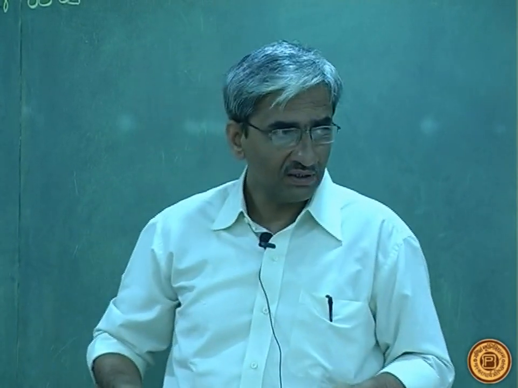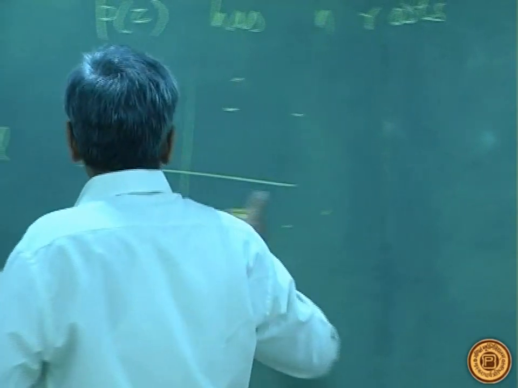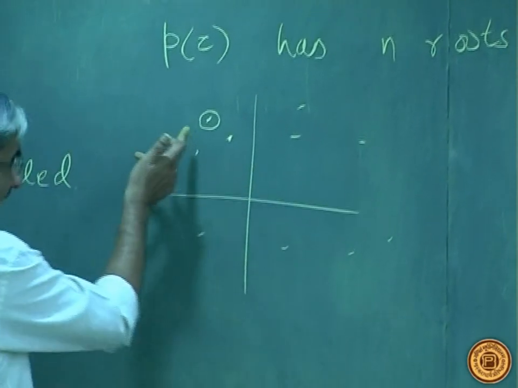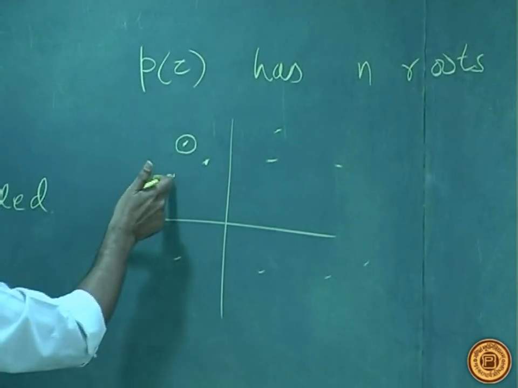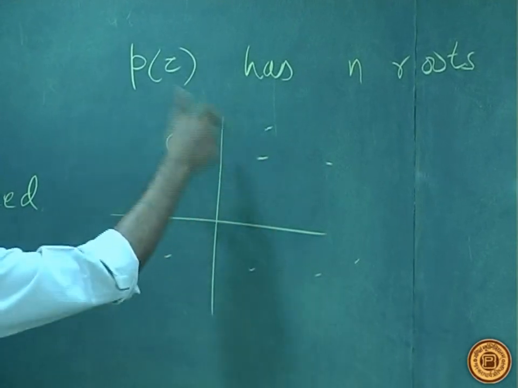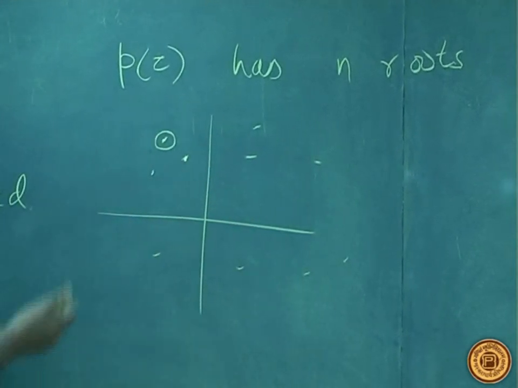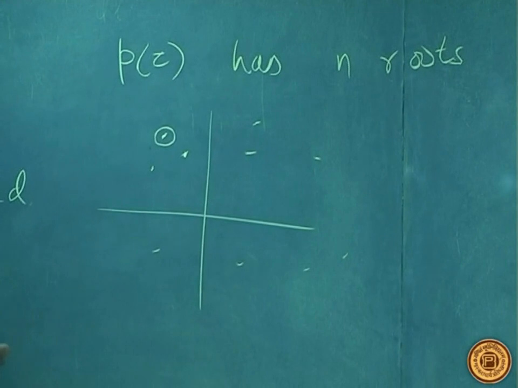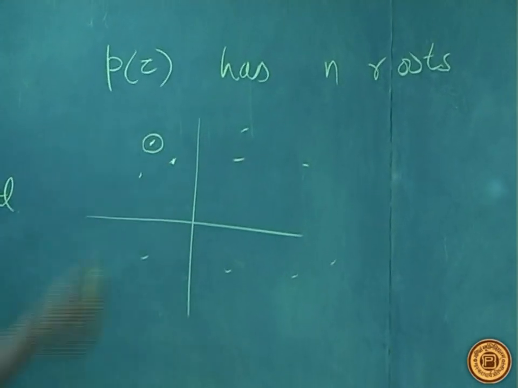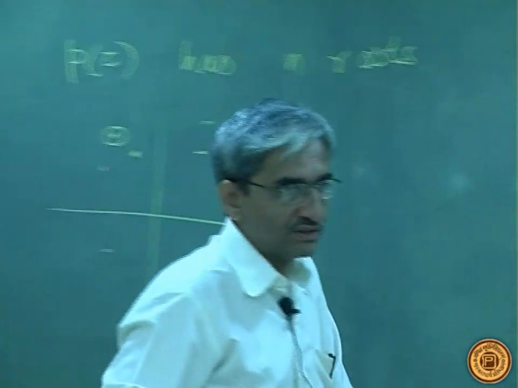Because there are only finitely many points, you take any point, find the distance from that point to all other points and take the minimum, and you can always take a neighborhood which has a smaller radius than that. Then you can always isolate that point from the rest of the zeros.